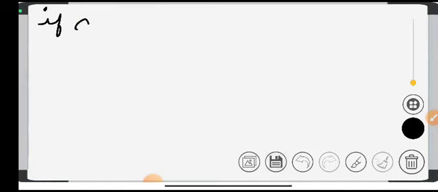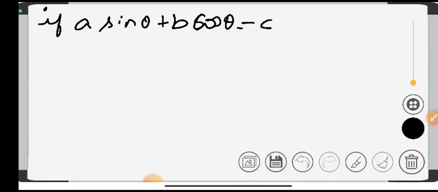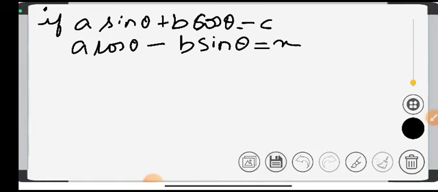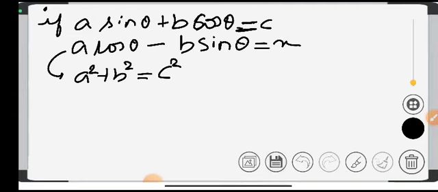If you see a sin theta plus b cos theta is equal to c, and a cos theta minus b sin theta is equal to x, you found the resultant, that is a square plus b square is equal to c square plus x square. Why am I writing it the second time?